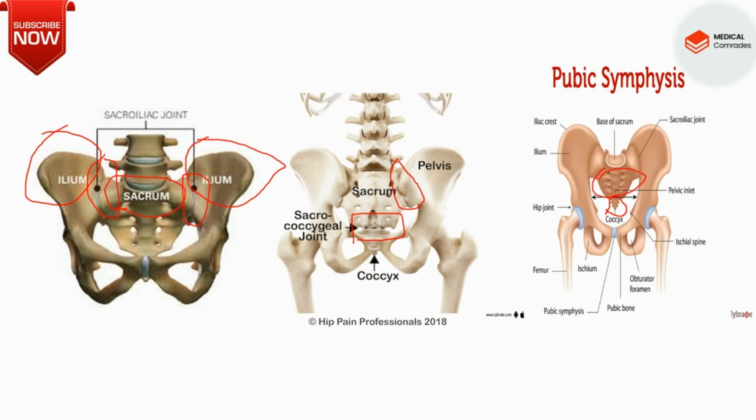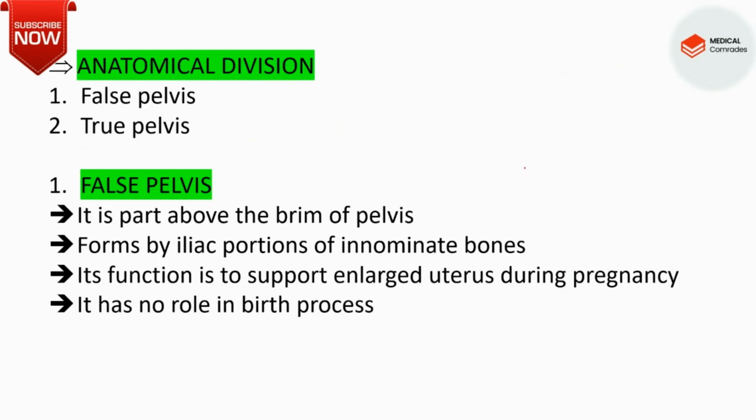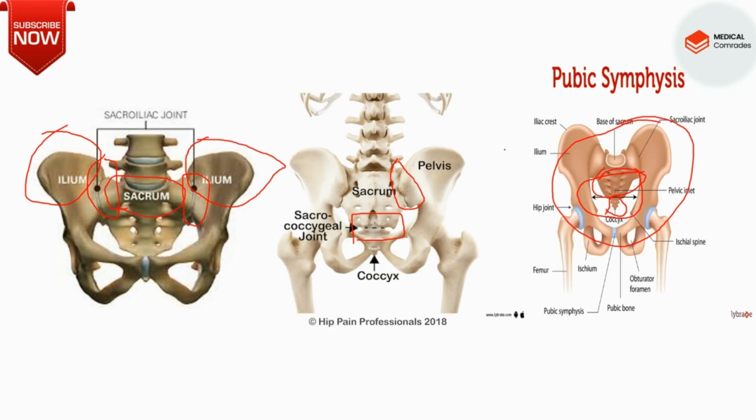It is the true pelvis, and outside it is the false pelvis. Anatomical division in OBG: one is false pelvis and one is true pelvis. False pelvis is the part above the brim of the pelvis.